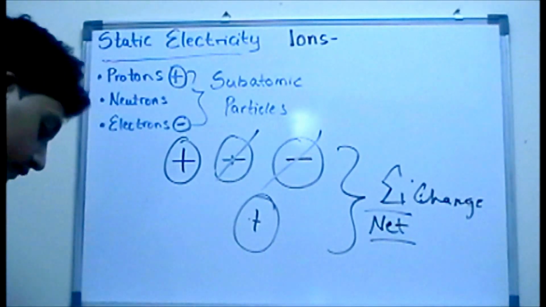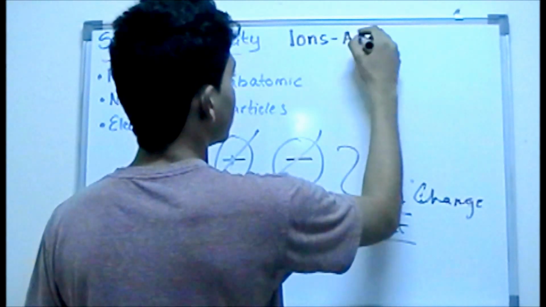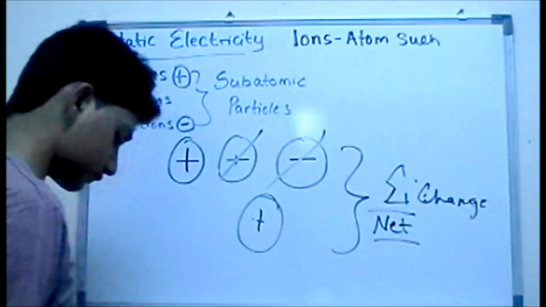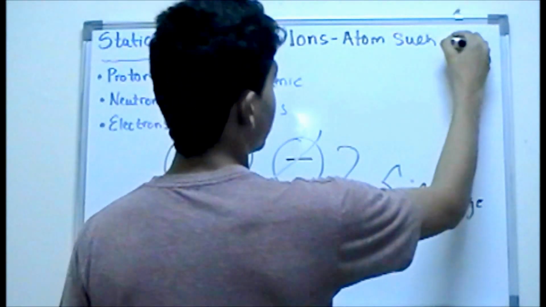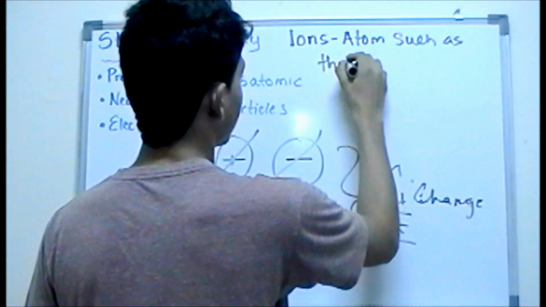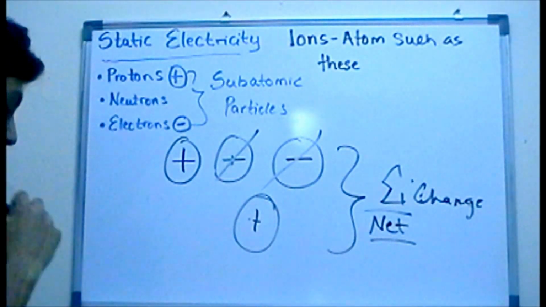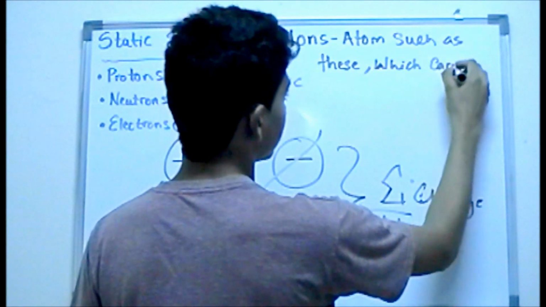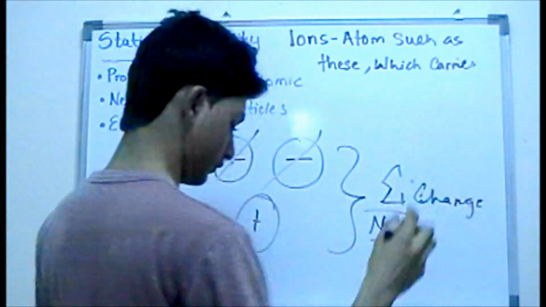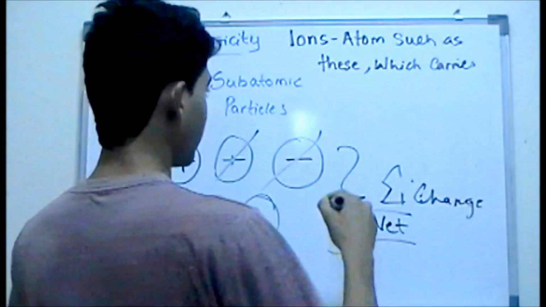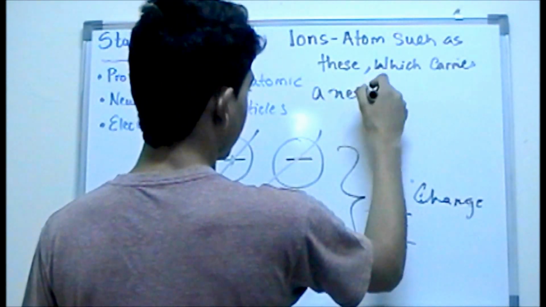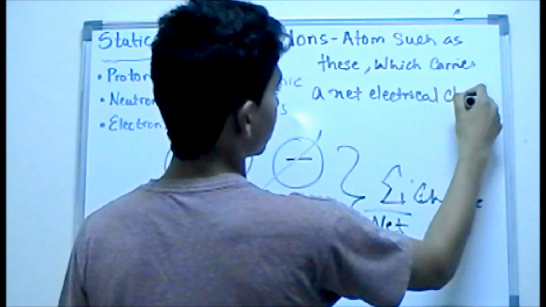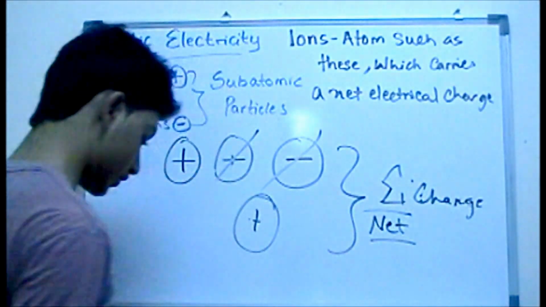Ions are basically atoms, such as this one over here, that carry a net electrical charge.